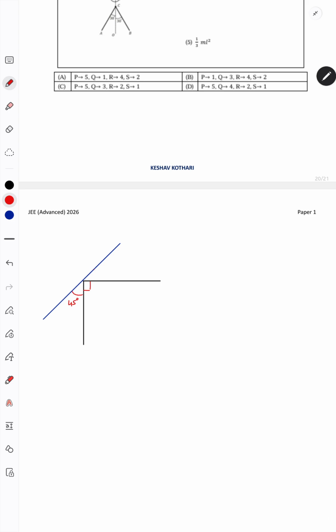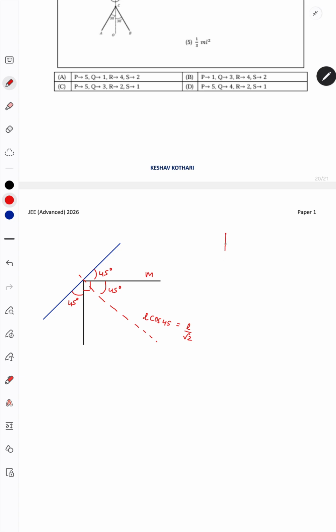So the other angle also becomes 45 degree. If we calculate the effective length of the rod along this portion, then if the mass is m, the effective length over here is going to be L cos 45 degree, that is equal to L by root 2.